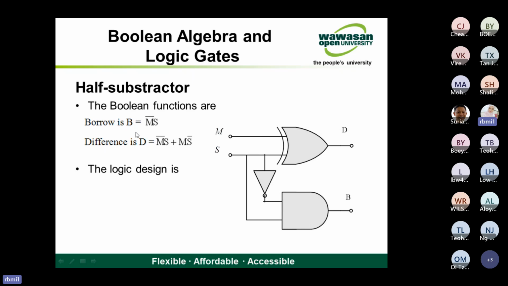For borrow, we have B equals M bar S, and for difference, D equals M bar S plus M S bar. From these two equations, we can draw the logic gates for half subtractor, for D and B. This is for difference, and this is for borrow.